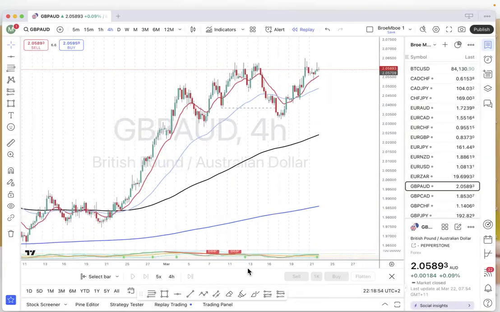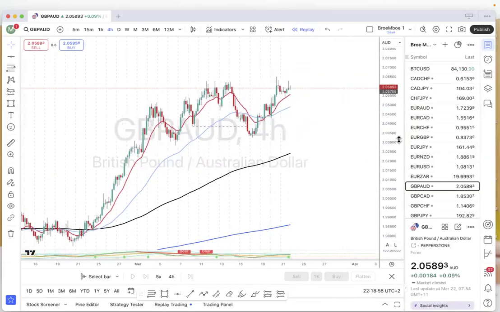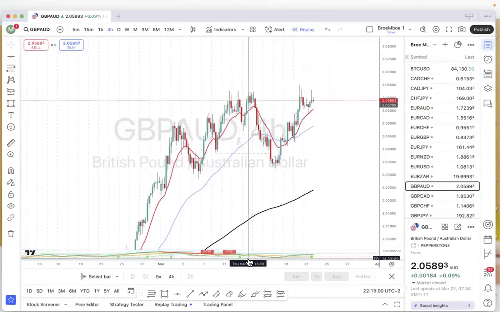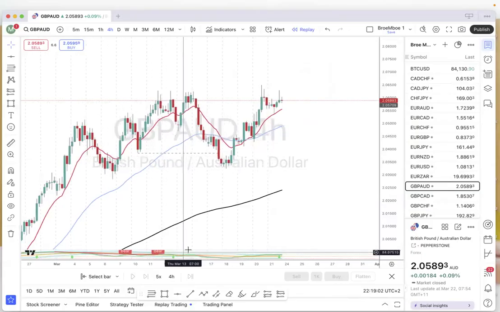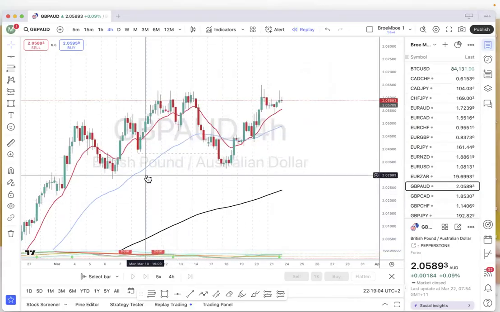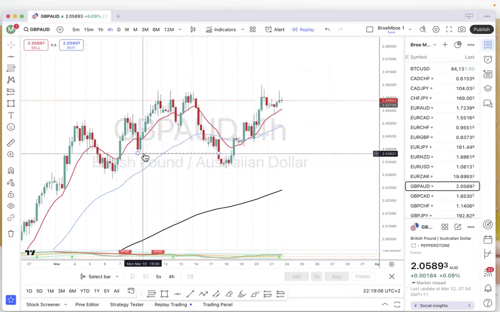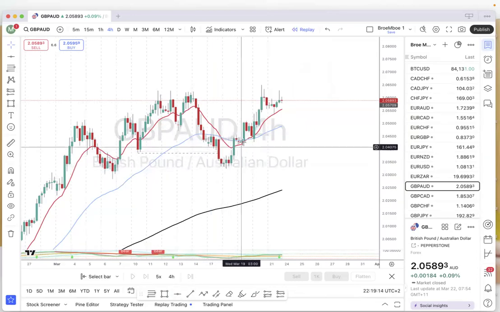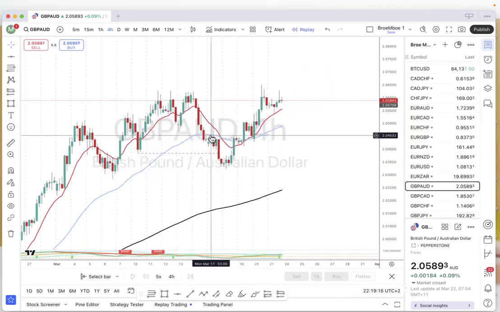Then we've got this one. I kind of love this one, and I'm hoping it does work out the way I would expect it to. So what this guy did was he broke the confirmed low, took it out, closed below it, and then started trading upwards.